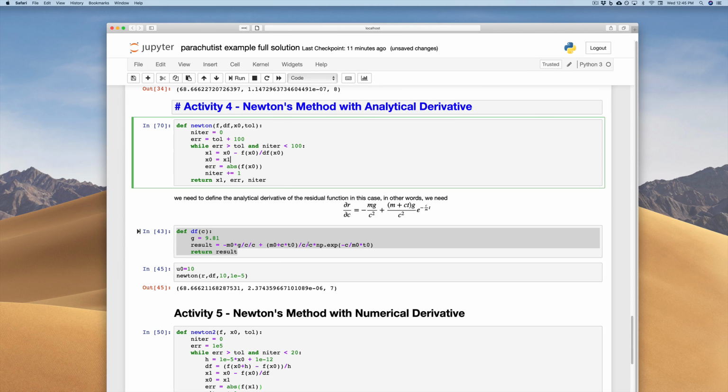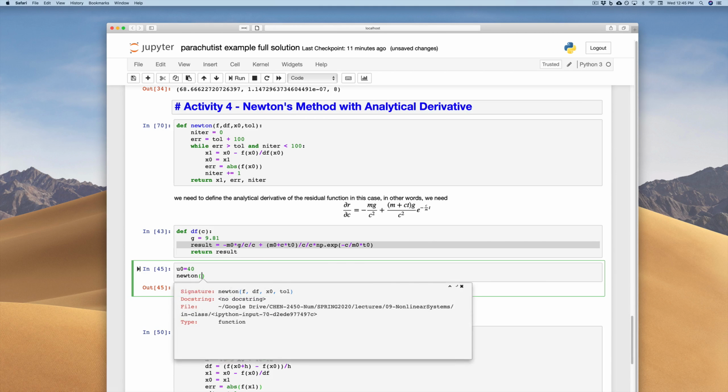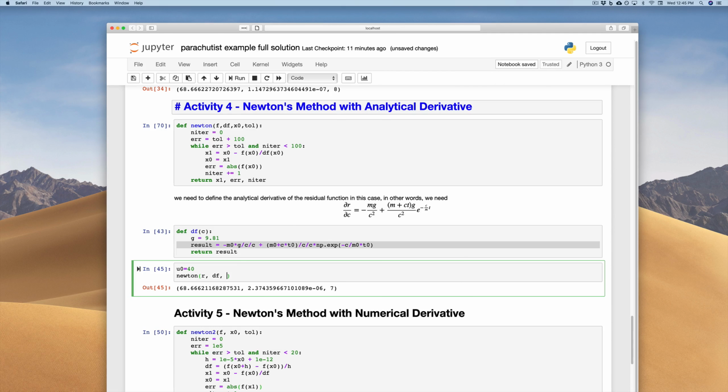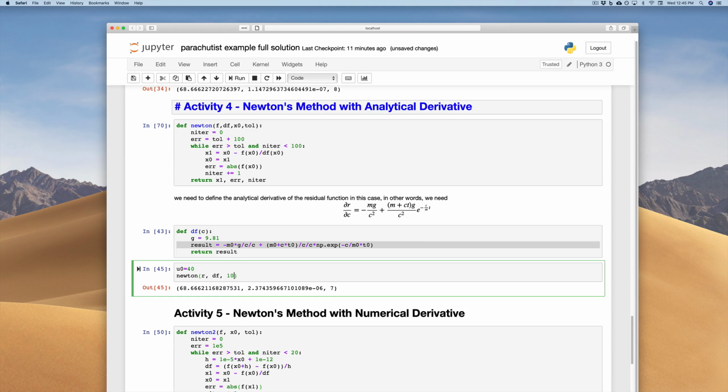So this is what you get. You define this function and return its value, set u0 equal to 40 meters per second, and call Newton's method. What we need is the residual function, its derivative, and an x0 initial guess. We'll start at maybe 10, with a tolerance of 1e-5, and bam, we get there.